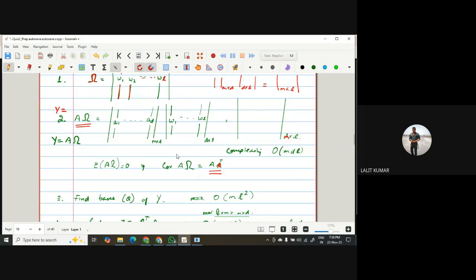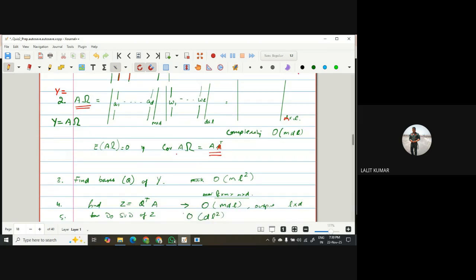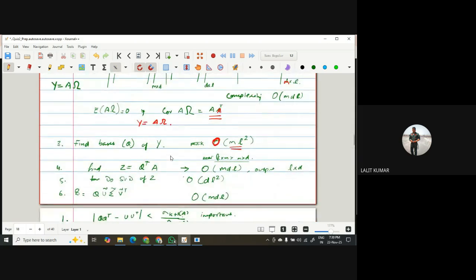We find a basis Q of this Y equal to A omega. The complexity will be M L square. We find Z is equal to Q transpose A. Again, complexity will be MDL, and the output will be L into D. And now we do SVD of this Z. Here we have got L into D, and complexity we have reduced to D L square.